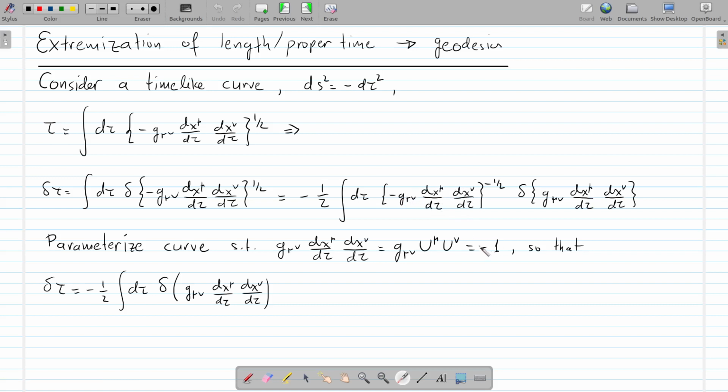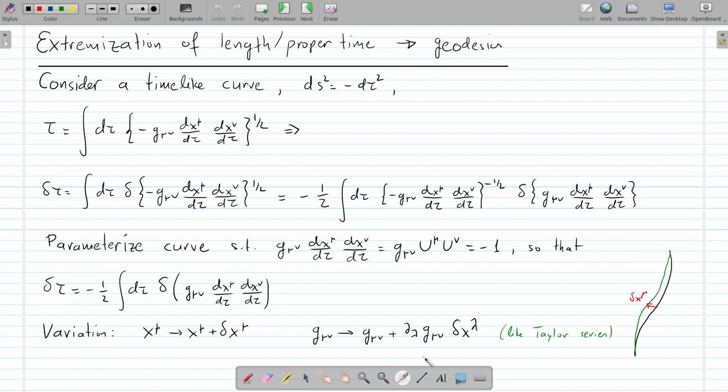So we will consider variations where the value of this square root is always equal to 1, so we can ignore it in the variations. All we have to do is to vary this quantity here in order to extremize the proper time.